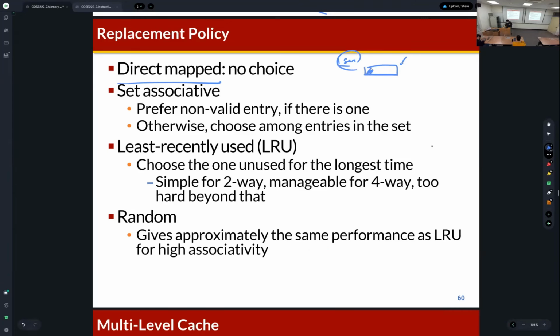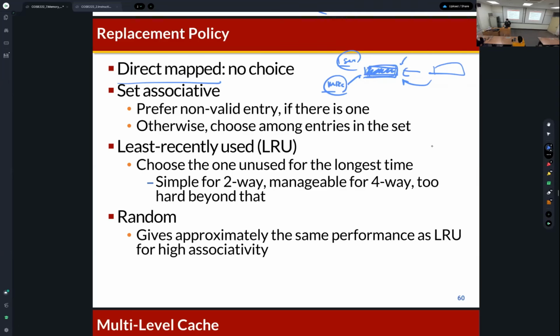So if this set is occupied and a cache miss happens, the cache needs to allocate the new block from memory or the low level cache. This block needs to be allocated to the target set, but this target set already has a valid block.